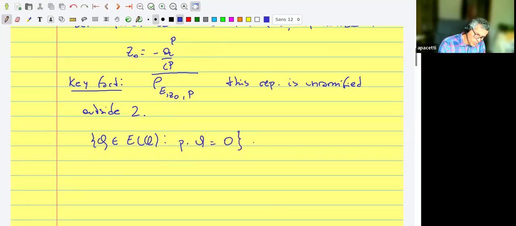It has the structure of a group. This is what we usually call the p torsion of the curve. Since the curve has rational equations, these points are given by rational equations. And what happens is that as a group, this is just two copies of Z mod p.